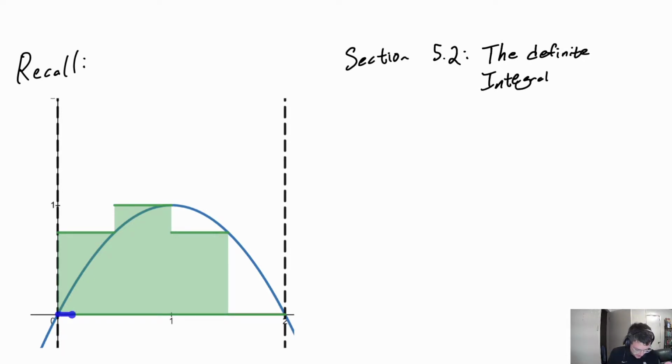So in this case, I have 4 rectangles, and the height of each rectangle is the height of the function at the right endpoint. So we have this rectangle here, this rectangle here, this rectangle here, and then lastly this kind of flat rectangle here. And we would use these rectangles to estimate the area under the curve.